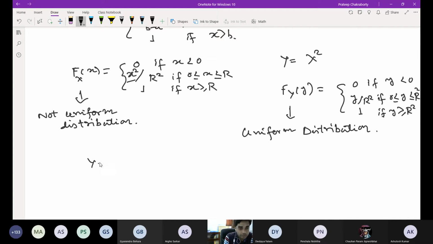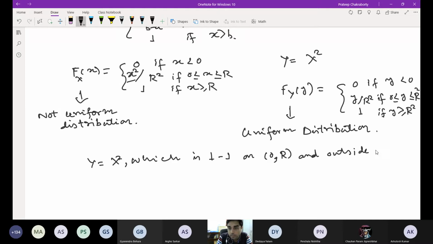Before that, y equal to x square was the thing, which is 1 to 1 on 0 comma r, and outside 0 comma r, the density function of f is 0.